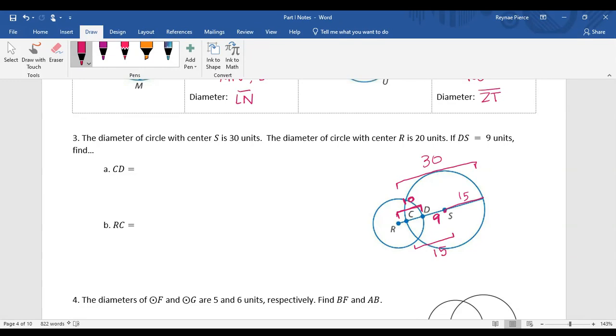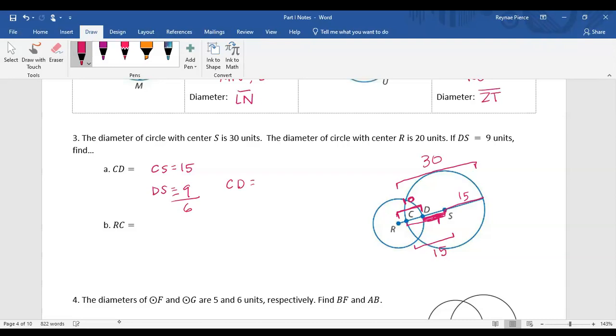Okay, so when I see this, I know from C all the way to S is 15. Okay, now D is between C and S, and DS is 9. So to find that other part here, if from here to here is 15, but I've already used 9, I'm going to subtract 15 minus 9.